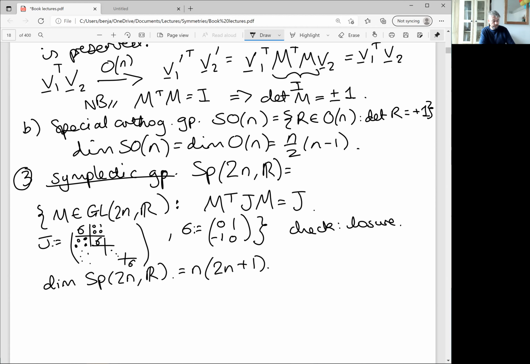So in terms of the vectors, what does this preserve? You can convince yourselves, again in one line, that V1 transposed times J times V2 is preserved by this transformation.